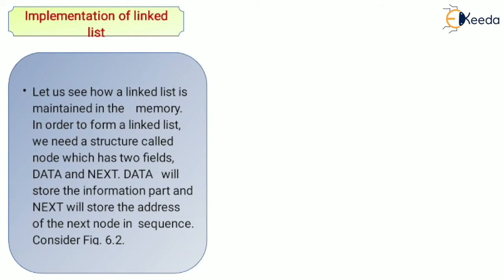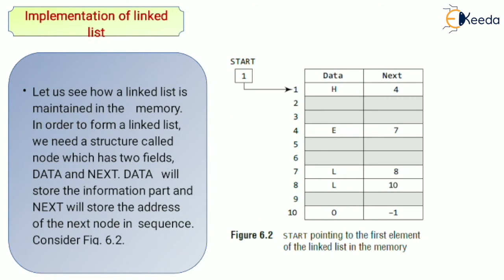Now next is the implementation of a linked list. How do we implement the linked list? This is figure 6.2. Now what is the name of the figure? Start pointing to the first element of a linked list in the memory.